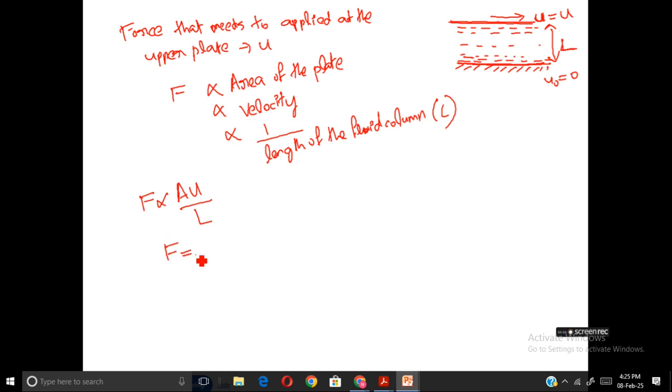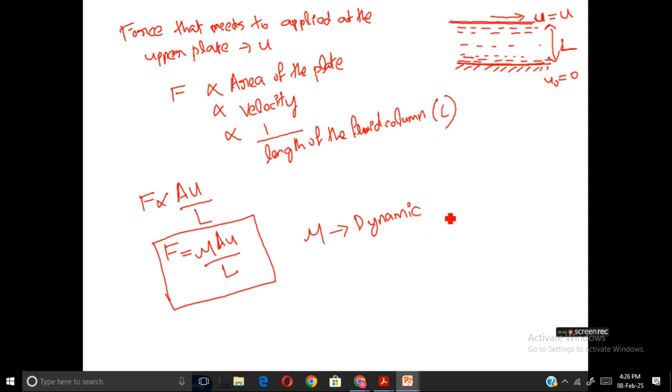When this proportionality sign changes to equal to, a constant comes in, so F is equal to mu A U by L. This constant mu is known as the dynamic viscosity coefficient.